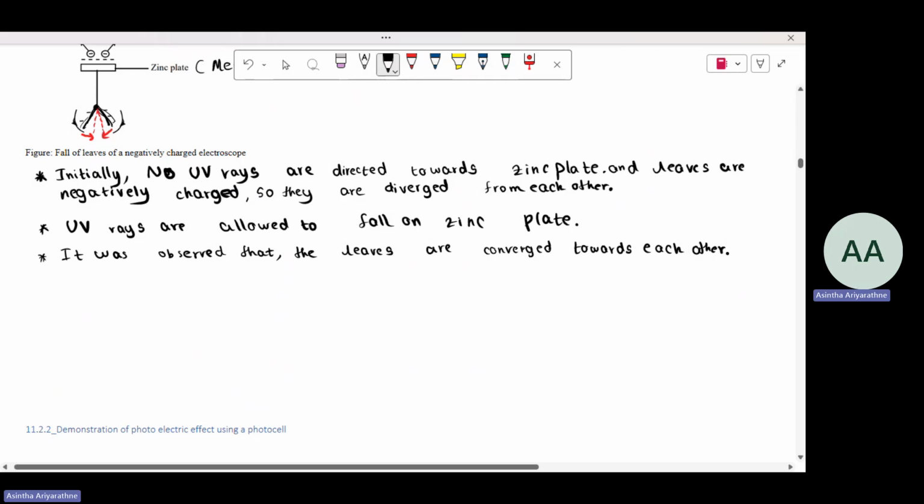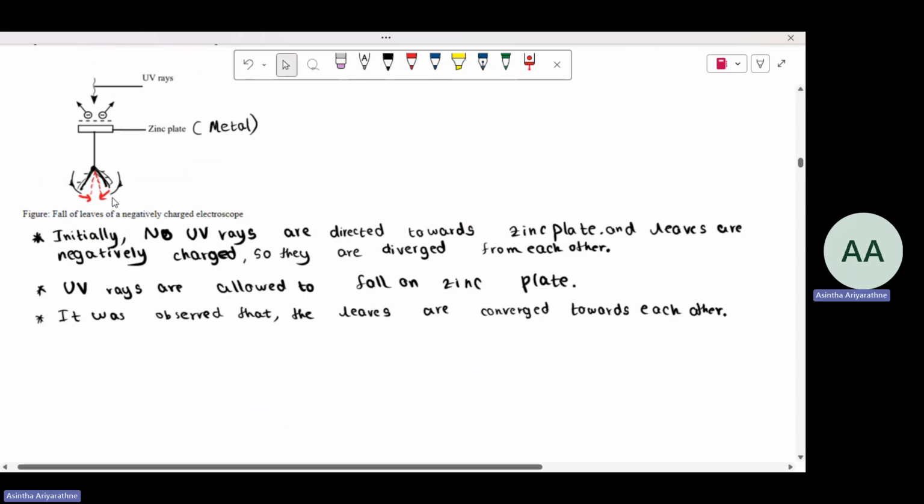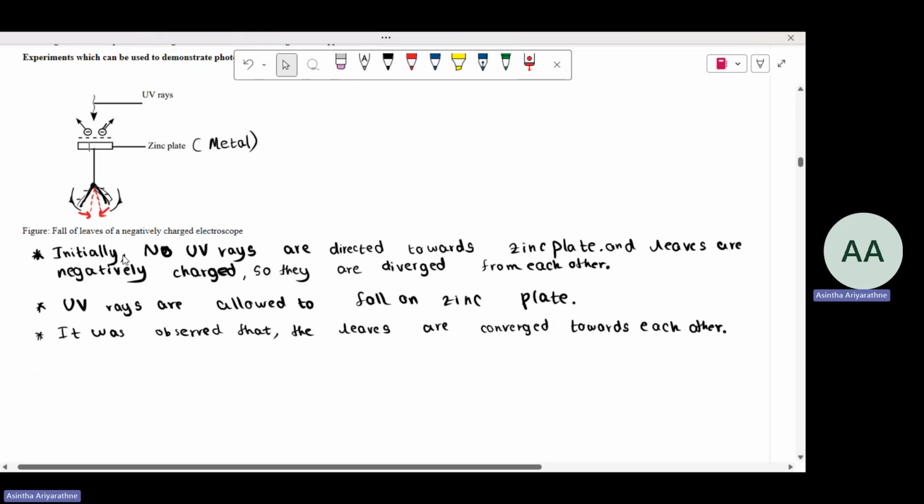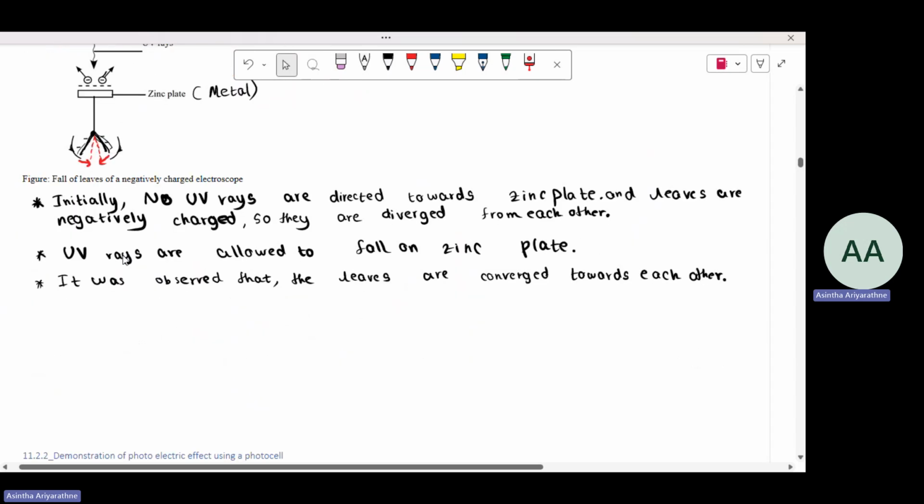The reason is the emission of electrons. When UV rays fall on the zinc plate, electrons are emitted. So the number of electrons residing on this electroscope gradually decreases, and the number of electrons on these leaves decreases. The repelling forces decrease, so they get converged.